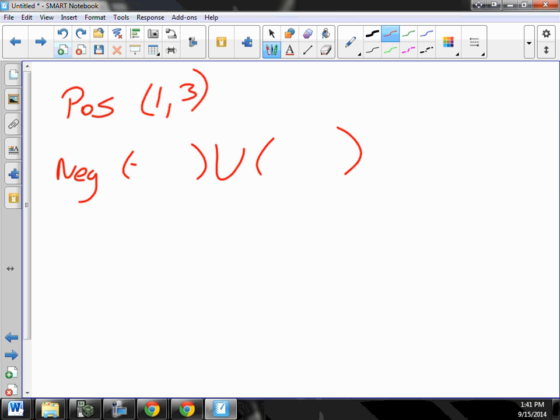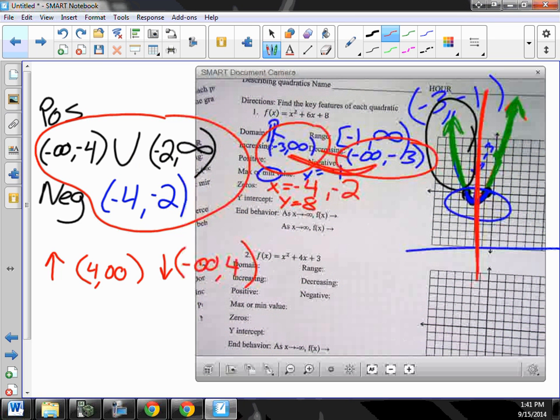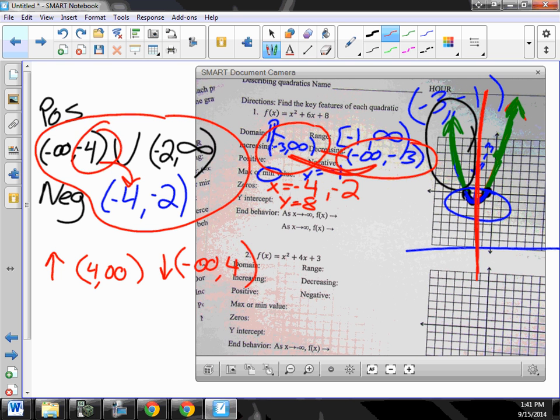It would be negative infinity to 1, and then from 3 to infinity. So if you have part of the information, you should have enough to fill in the rest, or at least you can double check to make sure that you're doing it correctly, because those patterns are always going to happen. The increase and decreasing, you just switch the x and y and change the sign on the infinity. With the positive and negative, this number will always match that number, and this number will always match that number.